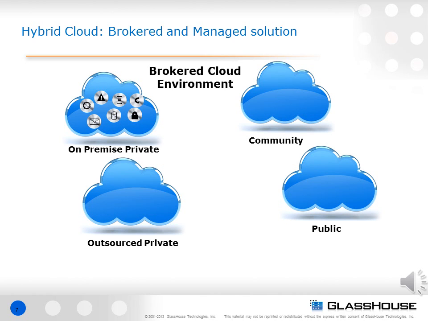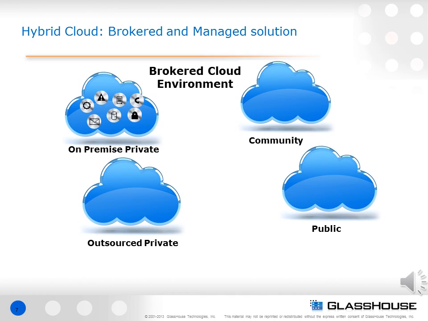A better way still is to use a brokered and managed solution. So here, like before, we've got our on-premise private cloud with some applications, and we've got our public cloud. But here I've added a community cloud and an outsourced private cloud as well. These four clouds sit within a brokered cloud environment.